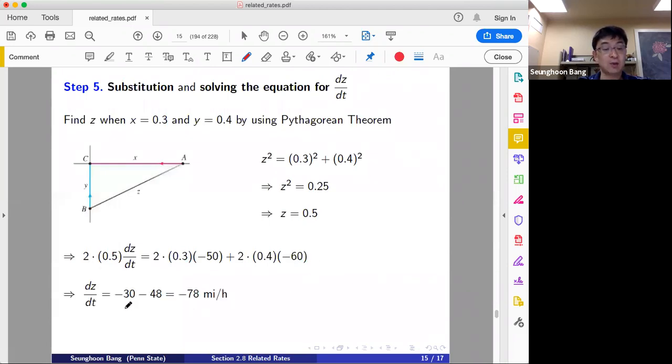So negative 30 minus 48 is negative 78 miles per hour. So the cars are approaching each other at a rate of 78 miles per hour. That is the whole idea for solving this problem.